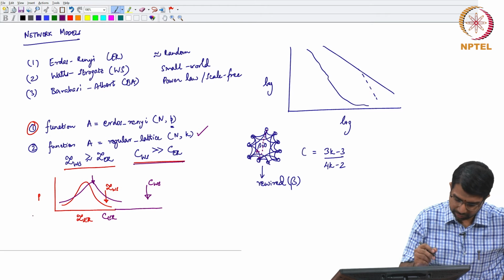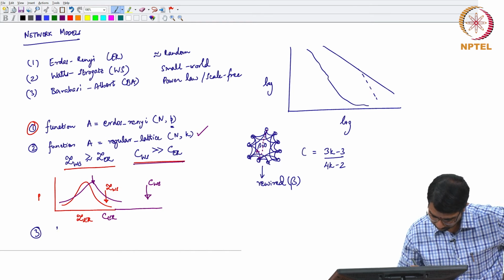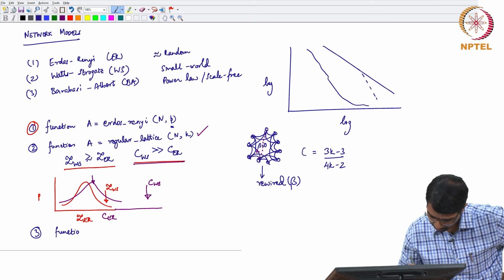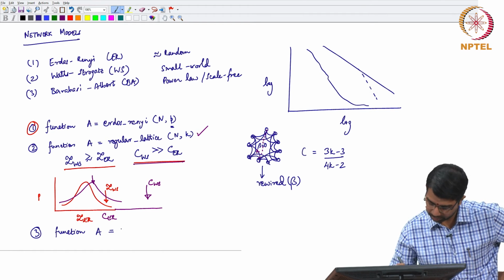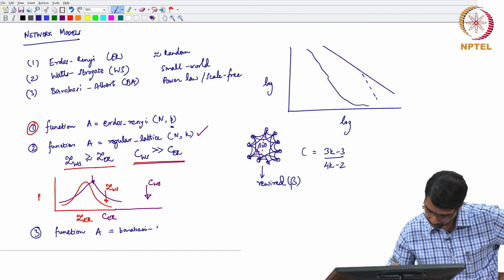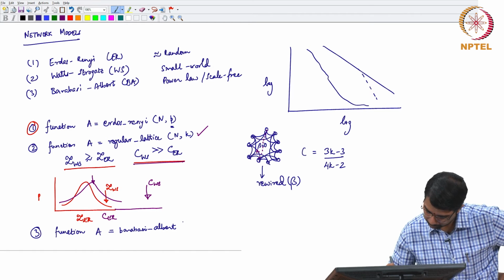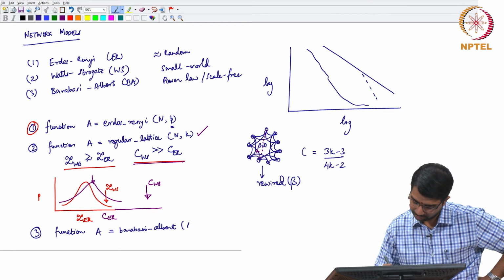So, the next thing that we will look at is a function A equals. What will my inputs be here? Initial graph, very good.